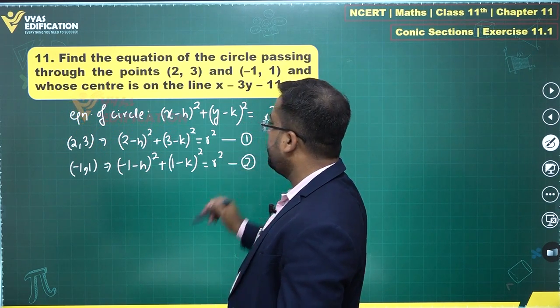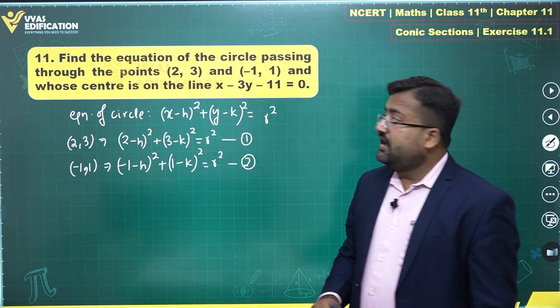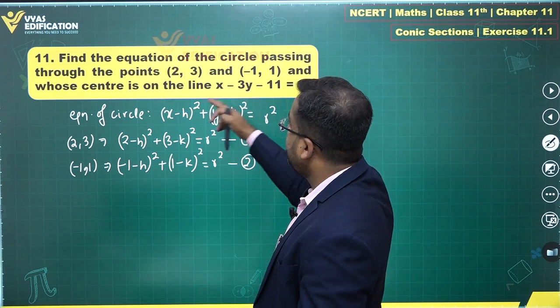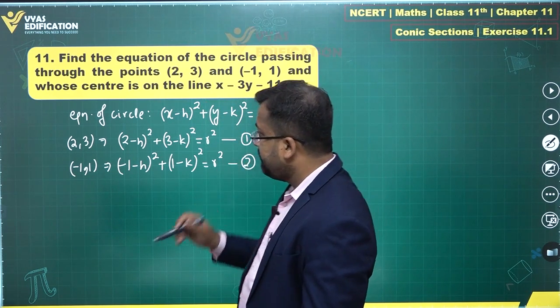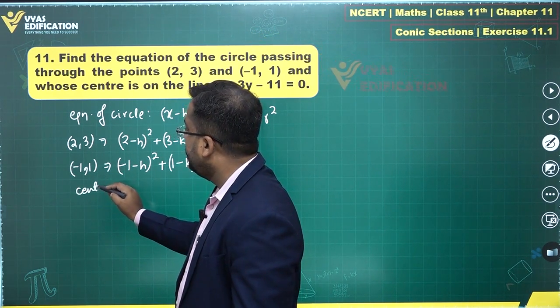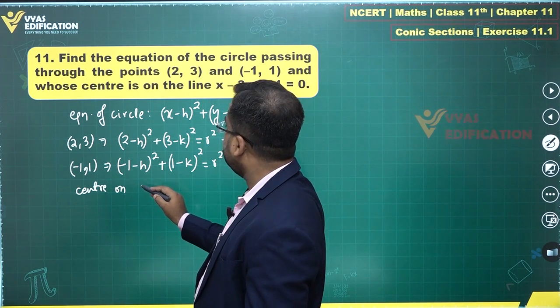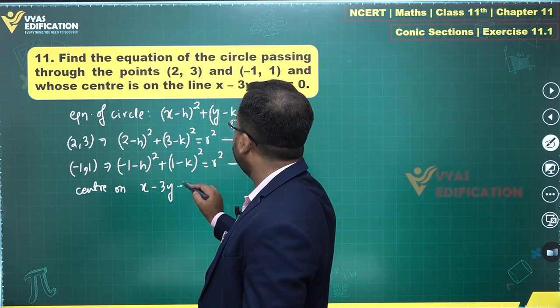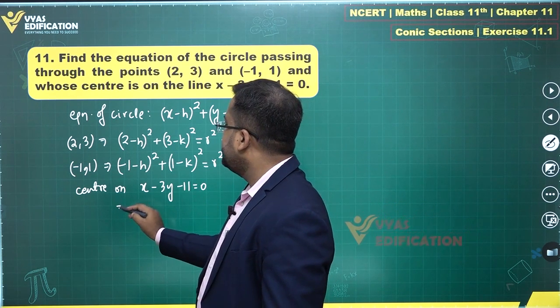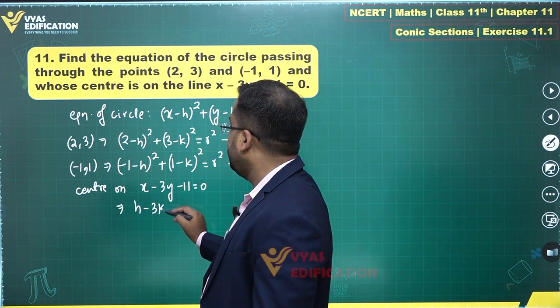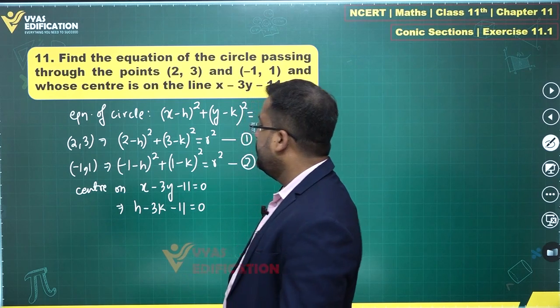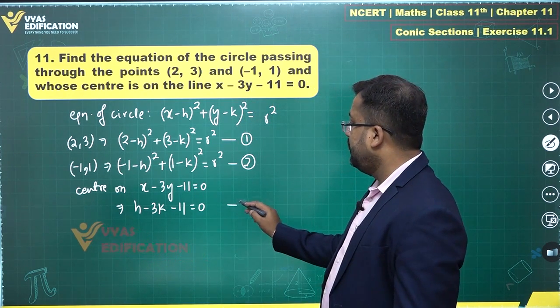This is equation number 2. Okay. And another equation is obtained by applying this condition, center lies on the line this. So center on x minus 3y minus 11 equals 0 tells me that h minus 3k minus 11 will be equal to 0. This is equation number 3.